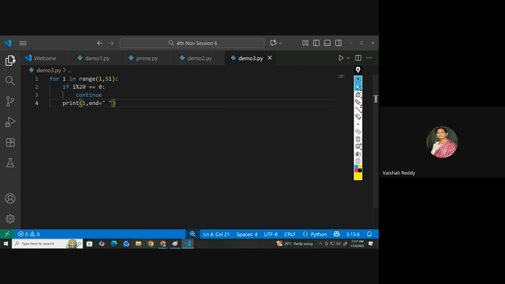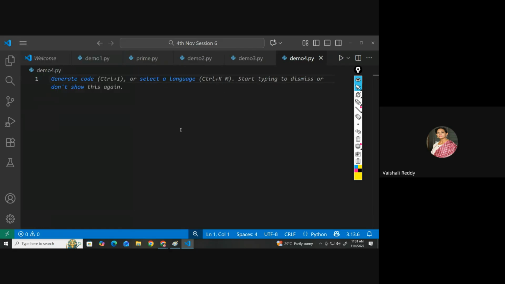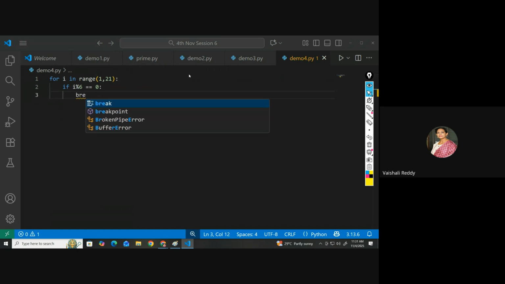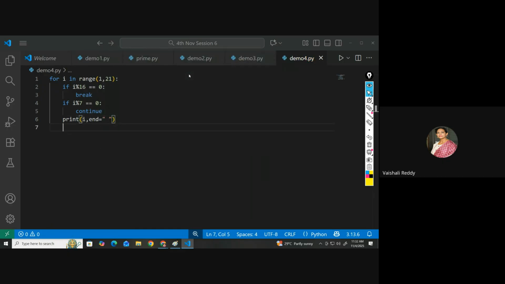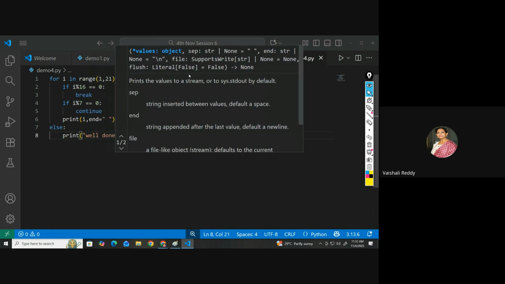Okay. So now let me check your understanding. Ready, everyone? For i in range, with a condition where i mod 7 equal to 0 and another with i mod 16 equal to 0.